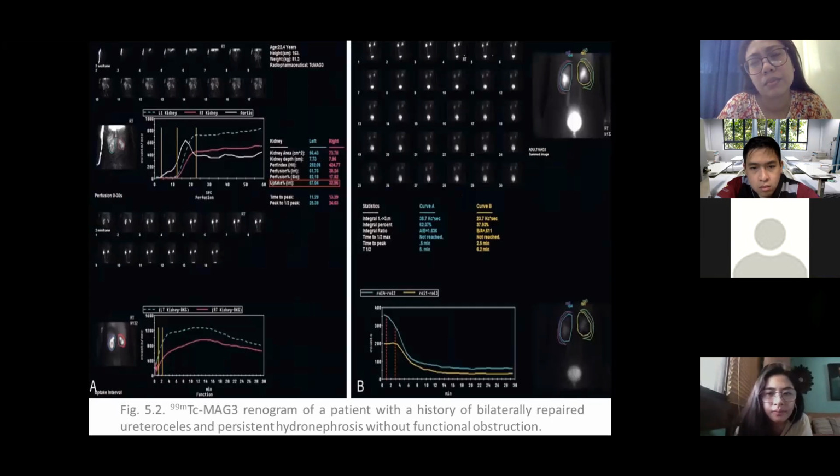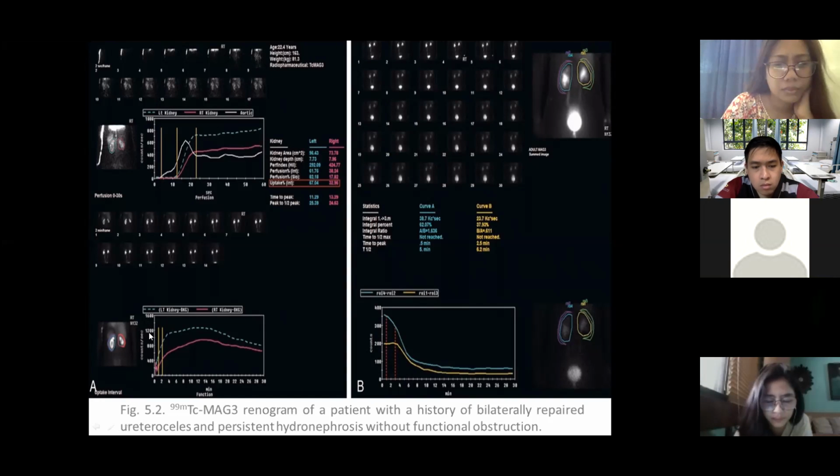For the second figure, this is the renogram of a patient with a history of bilaterally repaired ureteroceles and persistent hydronephrosis without functional obstruction. In the upper half, we can see that the purple curve representing the right kidney has a less brisk upstroke compared to the left kidney, which may indicate poor renal function.